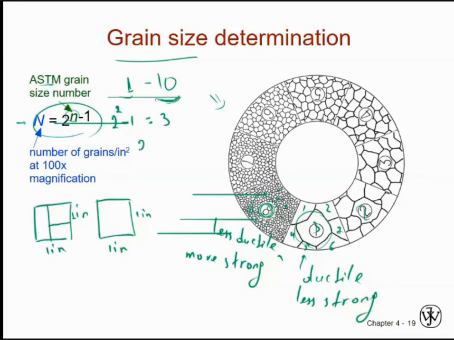If grain size is 4, I'll have 15 grains in the same area. Let's say something like this. So as you can see, a smaller grain size number means large grains, and a larger grain size number means small grains in large quantity.